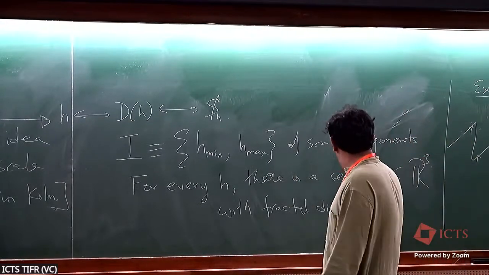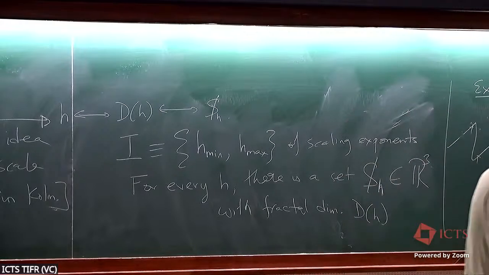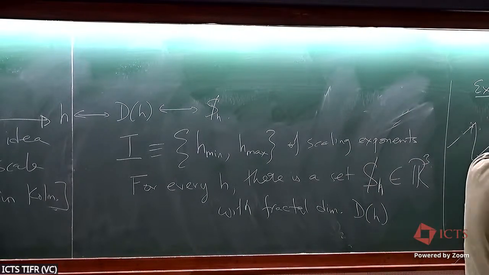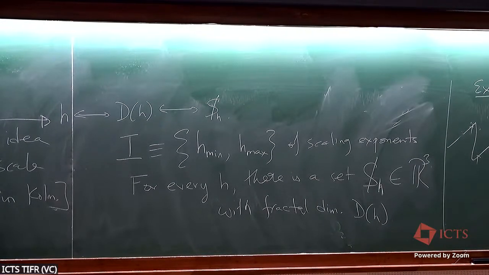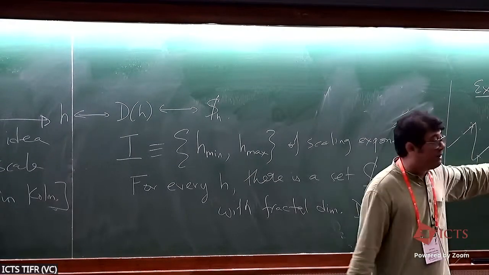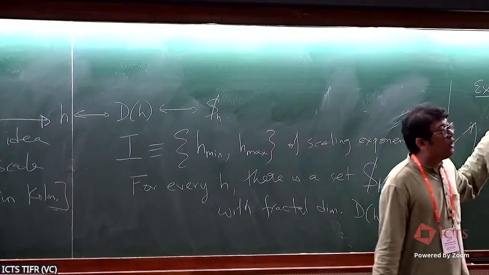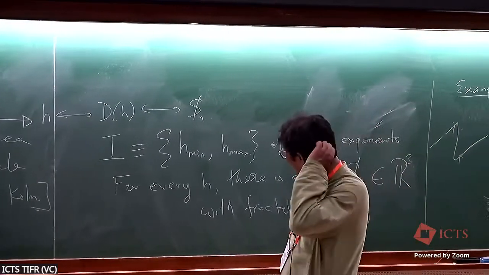D, the set, is just one set S. If it's a bifractal model, then H min will be 0 and H max will be 1, associated with dimension 0 and 1 on set S1 and S2. Right?